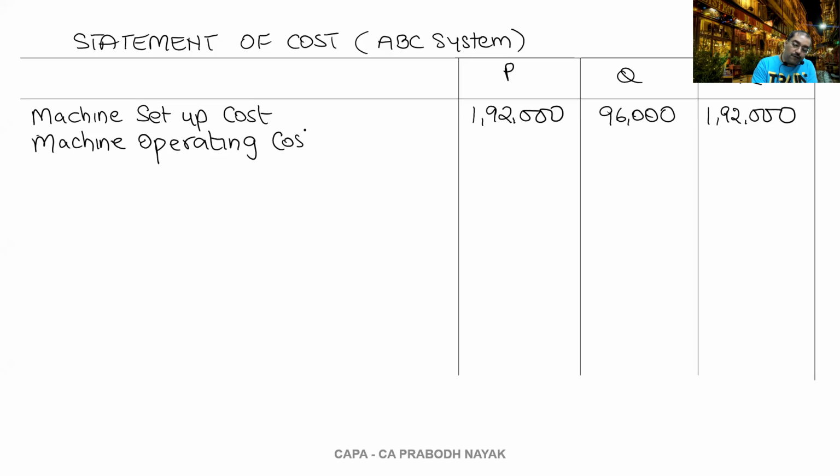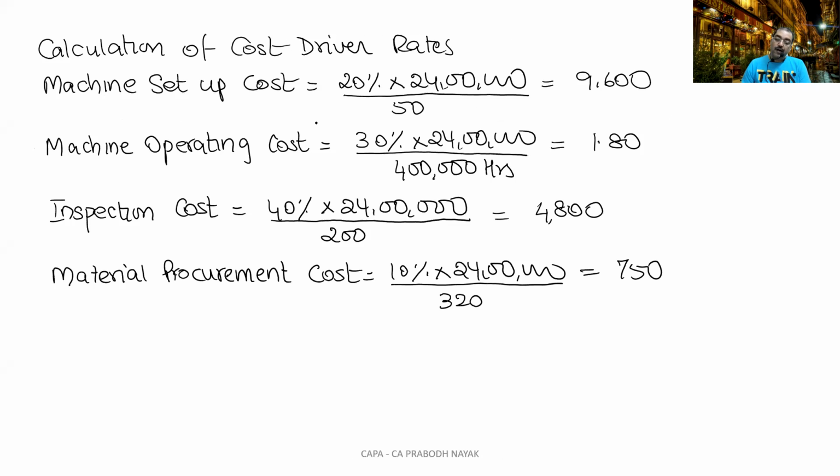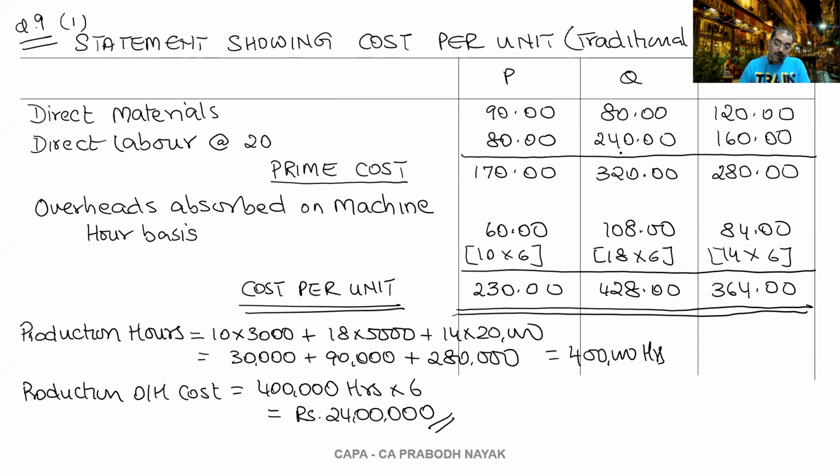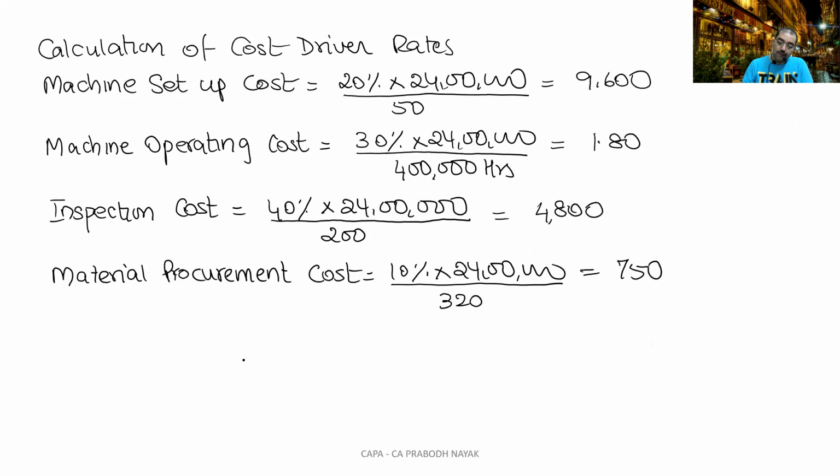Machine operating cost. 1.8 per machine hour. 1.8 into machine hour. Where will you get the machine hour? I have calculated here. See here, production hours. That is why I calculated separately and kept. So 1.8 into this 30,000 is 54,000.